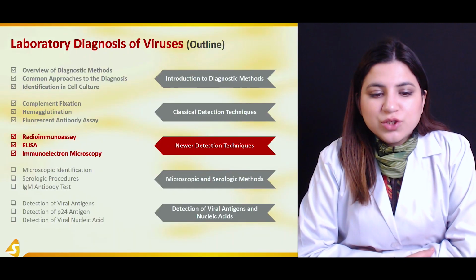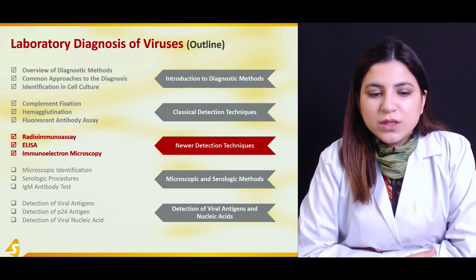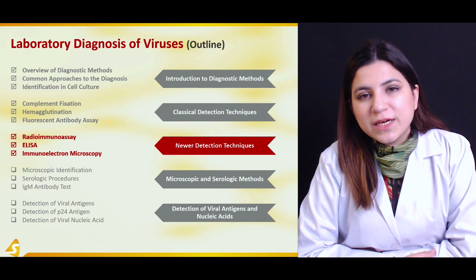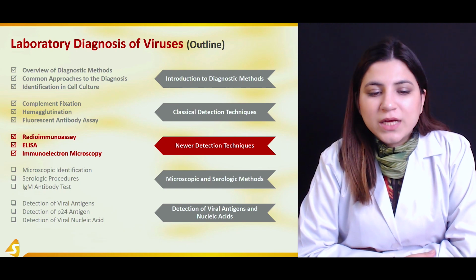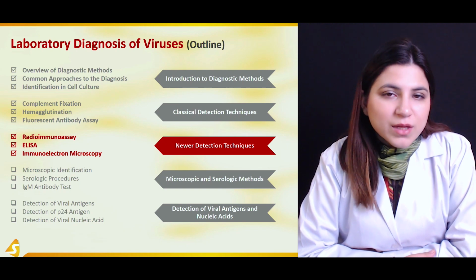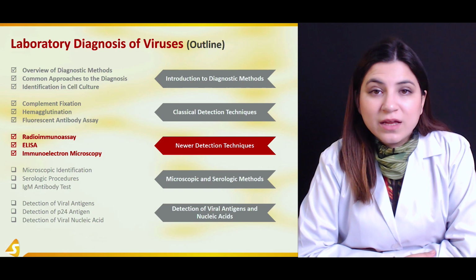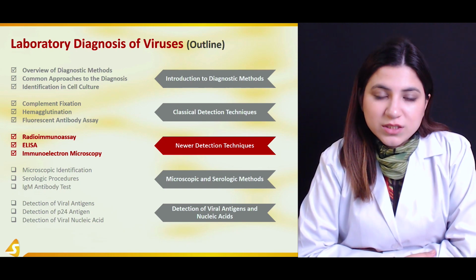So in this section, we covered the radioimmunoassay, in which we detected the viruses with the help of a radio signal. Then we saw the ELISA, the enzyme-linked immunosorbent assay. As the name suggests, there is an enzyme bound to the antibody, and that bound enzyme can help us detect, identify and also quantify the virus that is present in a sample.